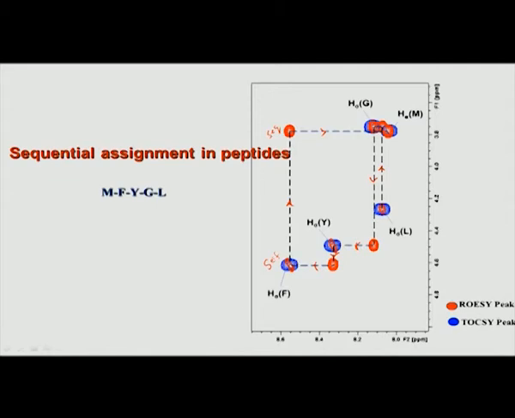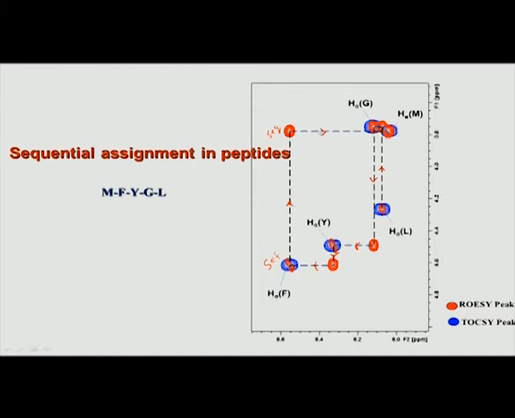Now, in the ROESY, I go along the vertical line again, and I see there is one i minus 1, and that could now be the sequential to phenylalanine, which is methionine. For methionine, I go to find its amide, straight along this line, and there is a TOCSY peak here.